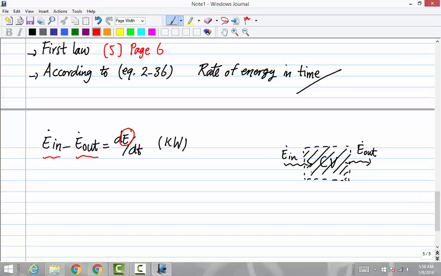The leftover, the capacity of my system, changes in time because there was no balance in between. In other words, let's turn it around.